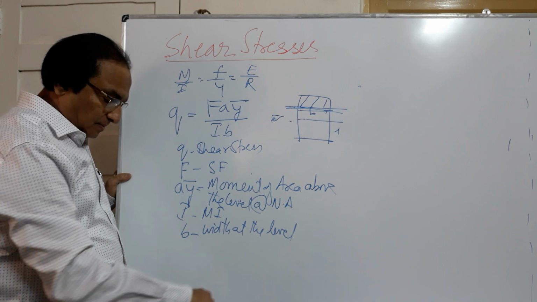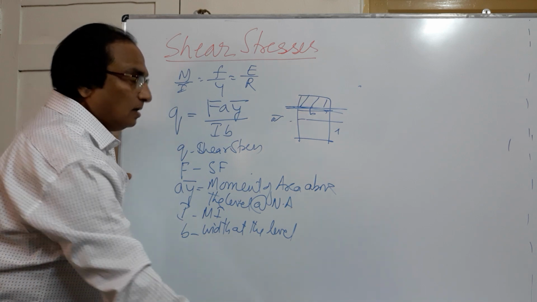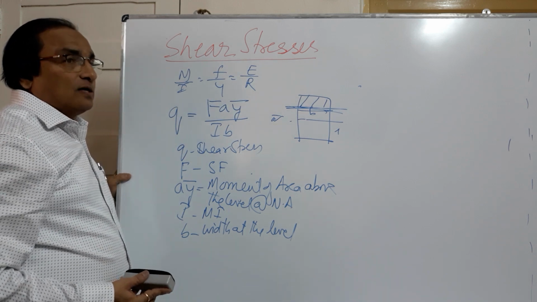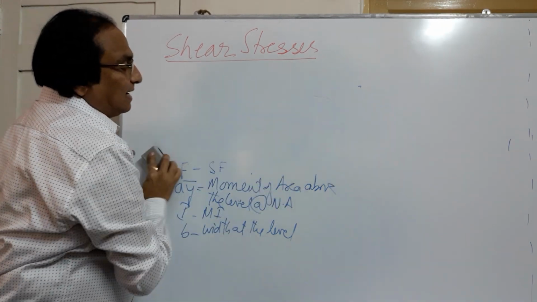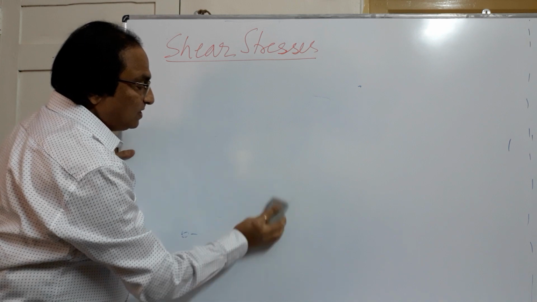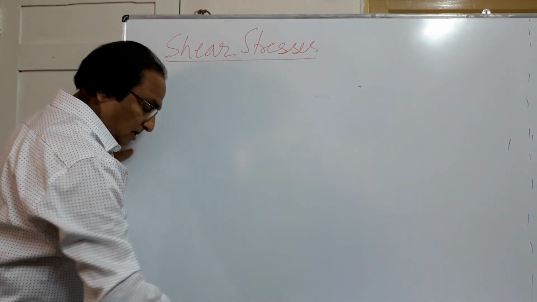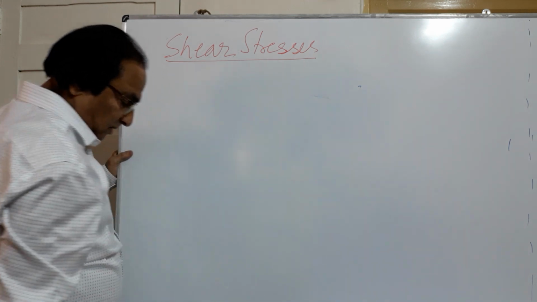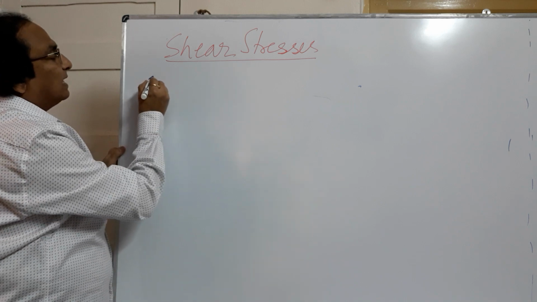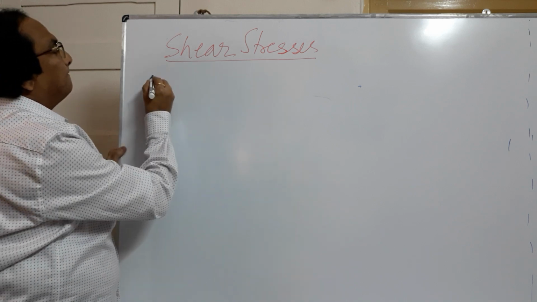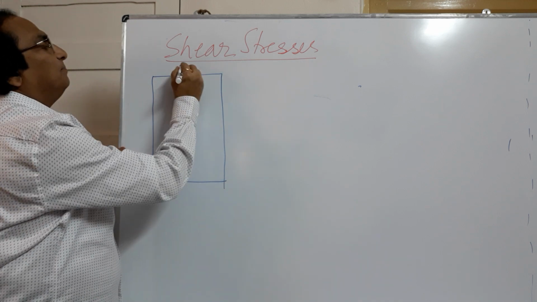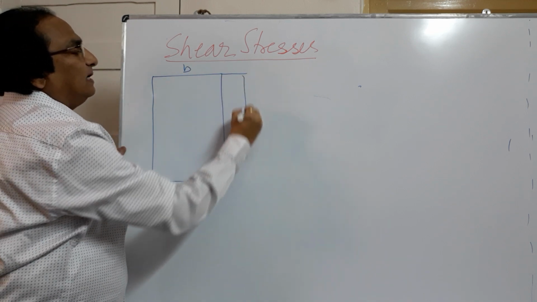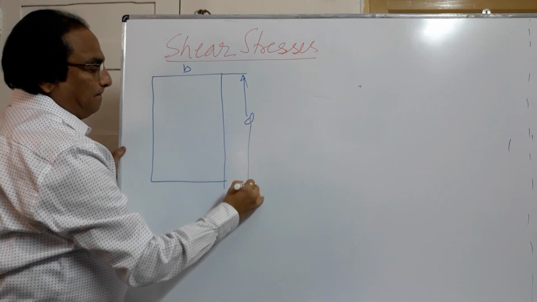So today we will take up some problems on shear stress diagram. We will go first with a simple figure. What we are using here is a rectangle, and we will see the type of distribution of the shear stress diagram for the rectangular beam. If I take a rectangular beam, B is the width and D is the depth of the beam.